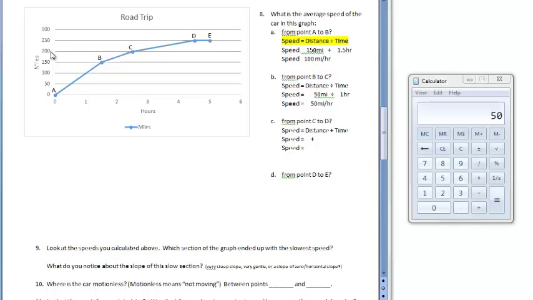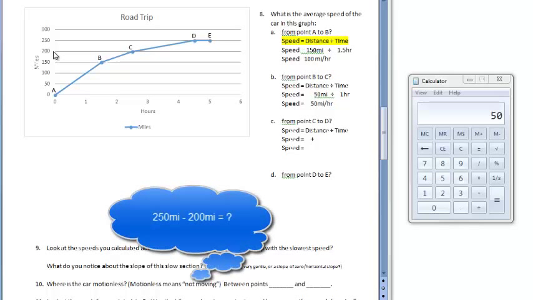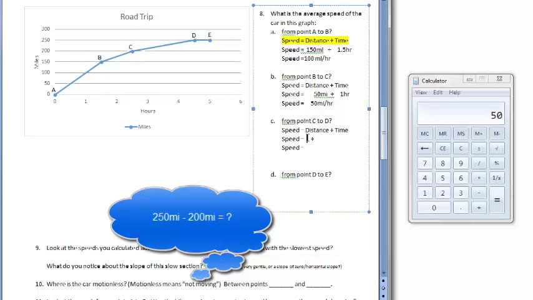So think to yourself, what is the rise between 200 and 250? How much distance has that car covered from point C to D? You should have answered 50 miles.